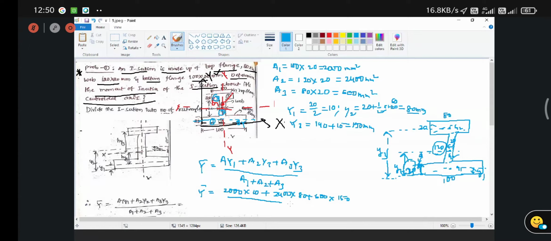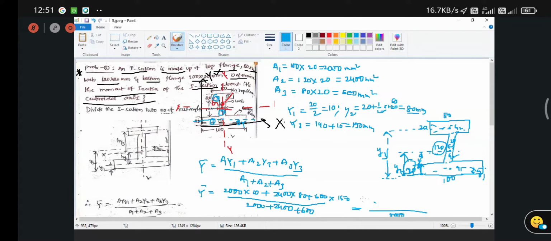Divided by the total of all the rectangular areas, that is 2000 plus 2400 plus 600. So 2400 plus 600 is 3000, plus 2000, 5000. So you are going to get this as 5000.